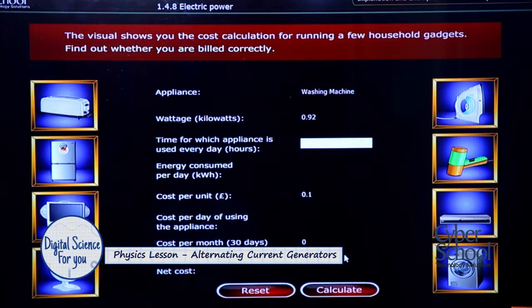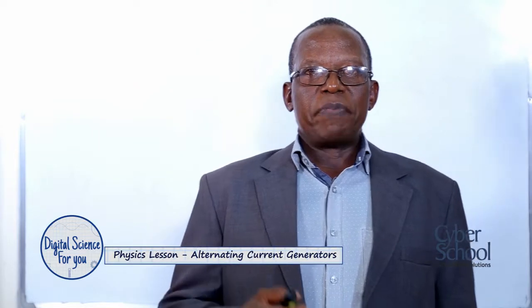How does the alternating current generator produce electricity? First of all, let's look at the different parts. It is composed of a magnet. Let me explain why we need a magnet in the alternating current generator.